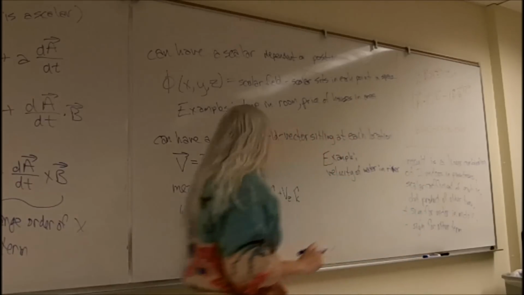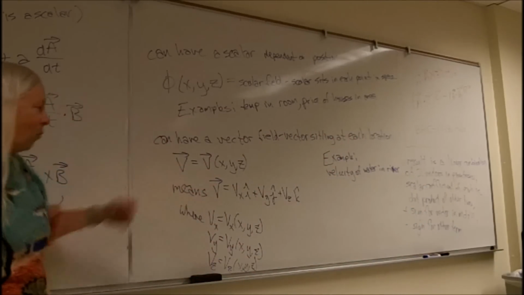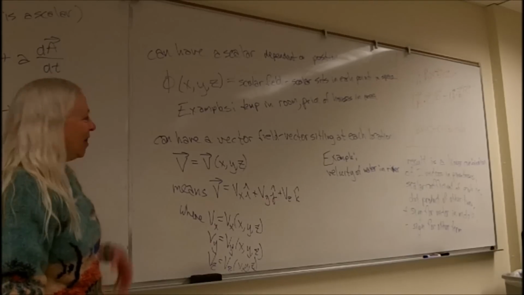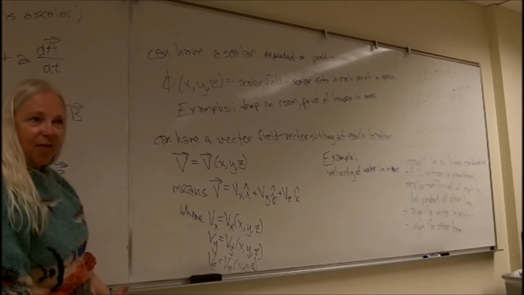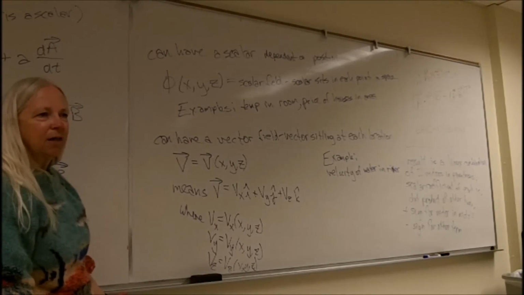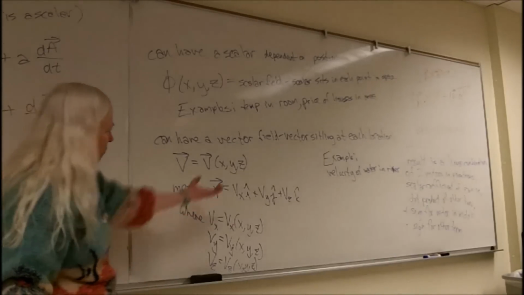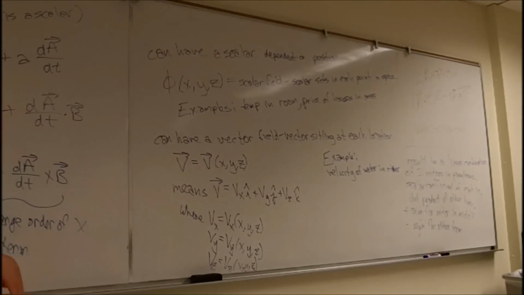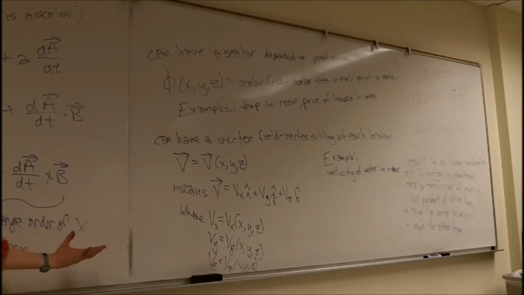At each location, x, y, and z, inside the water in the river, there is a vector sitting at that location telling you what the velocity of the water at that point is. And of course, velocity is a vector, has both speed, in other words, magnitude, and direction. Right? So at each point, there is a vector sitting there that tells you how fast the water at that point is moving and in what direction it's moving.